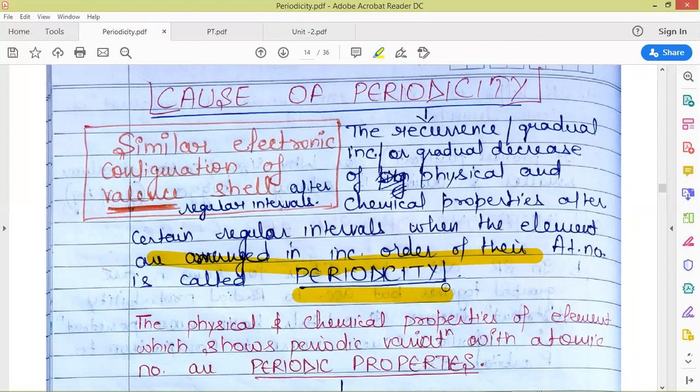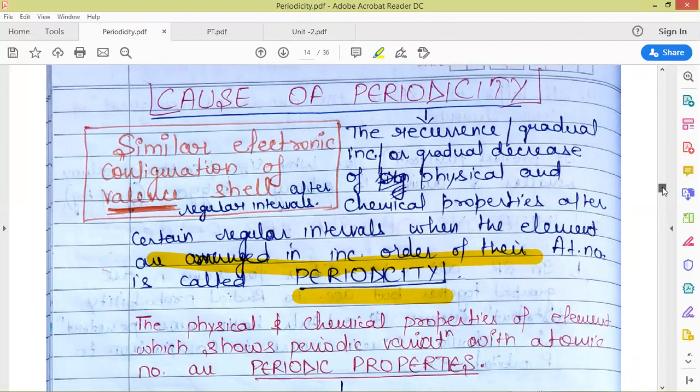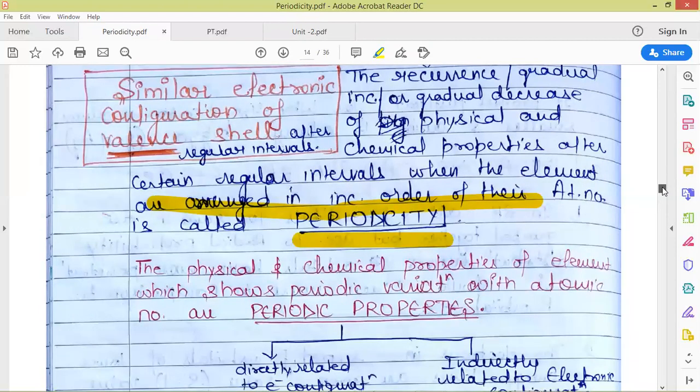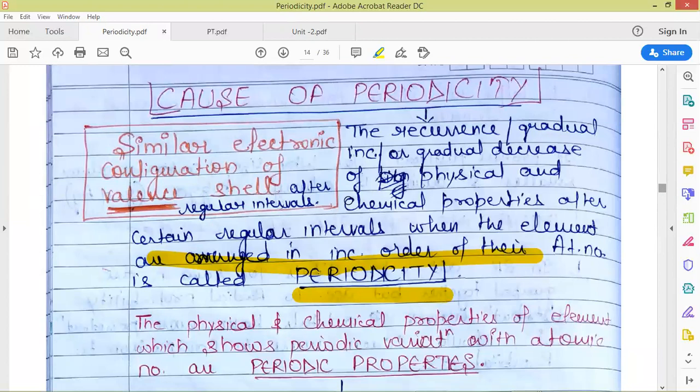As we move down the group, say we are talking about the first group, if we move down from sodium to francium, what is happening is the principal shell number is changing, but the outer electronic configuration of the valence shell is the same. So the similarity in the outer electronic configuration is the major cause of periodicity.